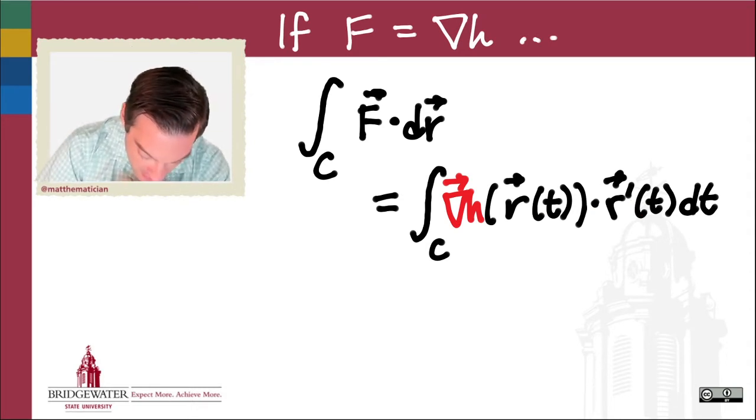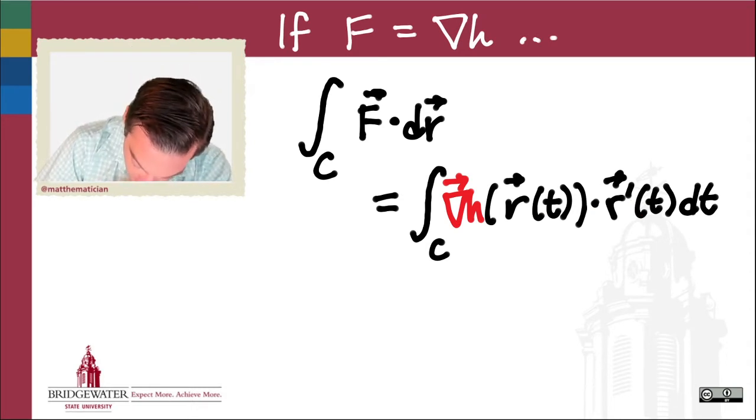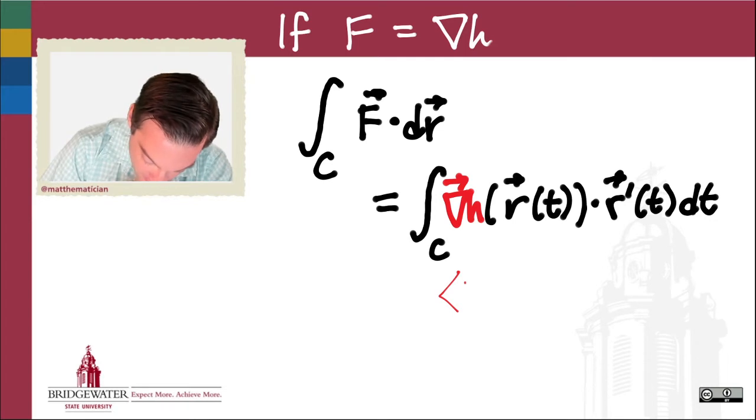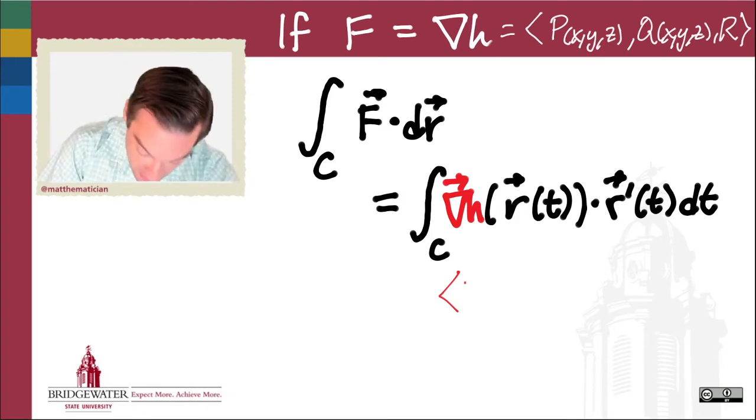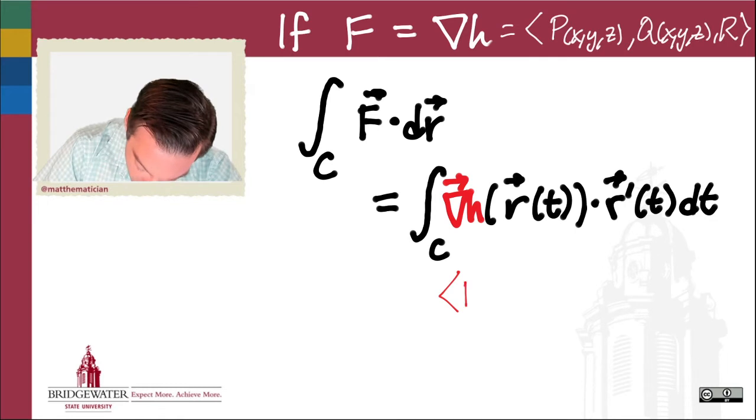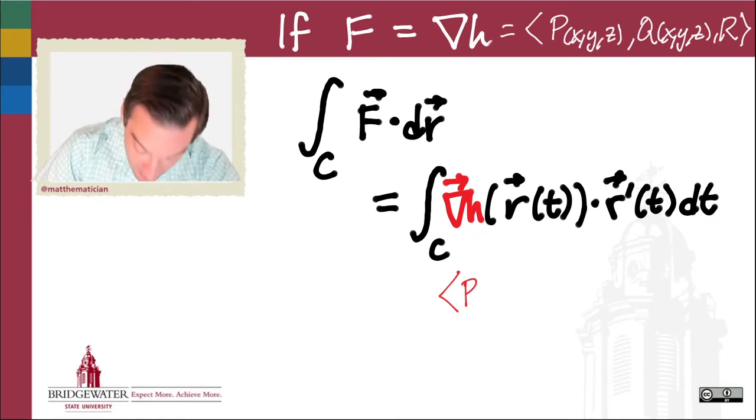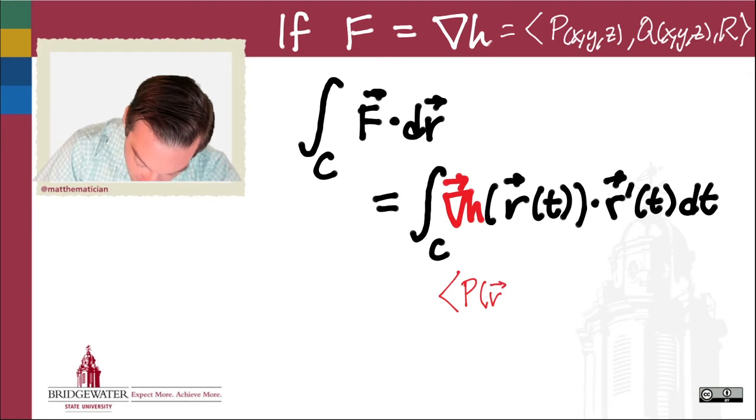If I were to expand out what this looks like, let's give our gradient vector field some components. Let's say we're in 3 dimensions, so that everything here is a function of x, y, and z. But what we're doing here could work in any number of dimensions. So let's say that the components are P, Q, and R for my gradient vector field. When I evaluate my gradient vector field on the parameterization r of t, I get P evaluated at r of t, Q evaluated at r of t, R evaluated at r of t.